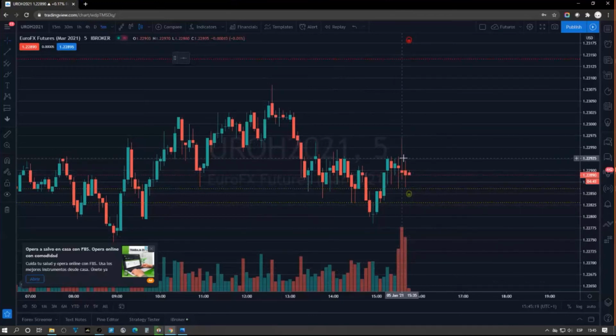We don't know at which price this was, or whether it was a buyer or seller. We only see a bar higher than the others. So it says there's a lot of volume at this time. That's all it says. It doesn't say anything at all.